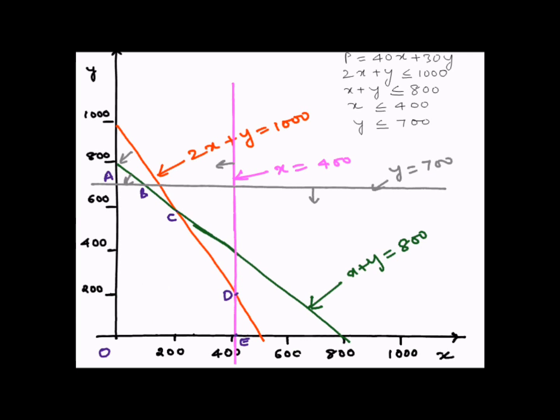Each point in this feasible solution region gives a value of x and y, which is a possible solution.